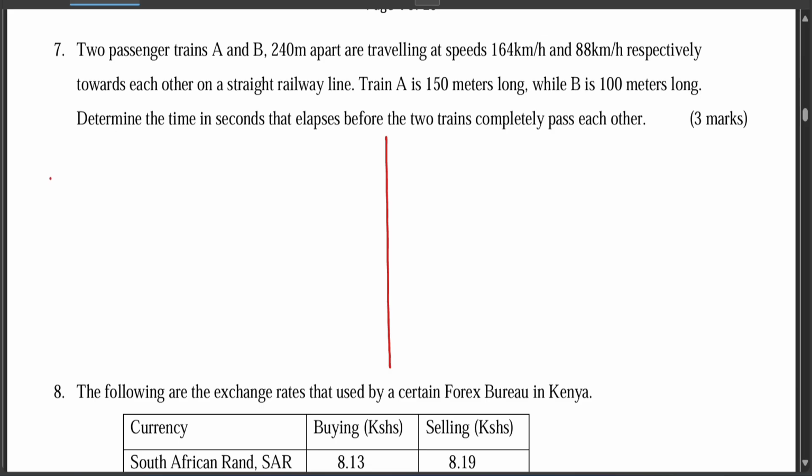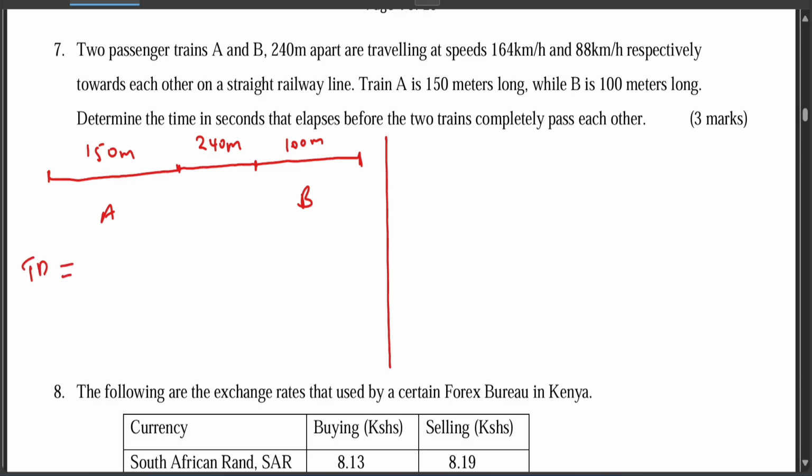So now we have train A, which is 150 meters long. Between train A and train B, we have those 240 meters apart, and we have train B being 100 meters. So let's find the relative distance, or the total distance of all those.